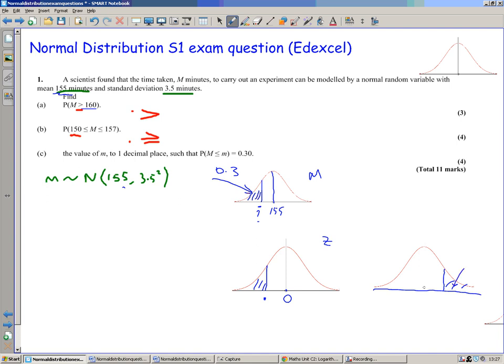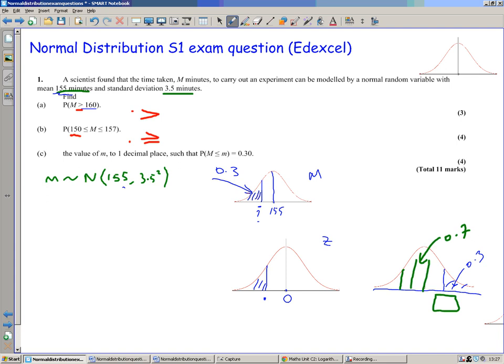Because that's 0.3, and we always have to look on the positive side if we're looking at the tables. So this area here is 0.7, that's the number we need to look for. But this number here is obviously going to be positive. This number is going to be negative.